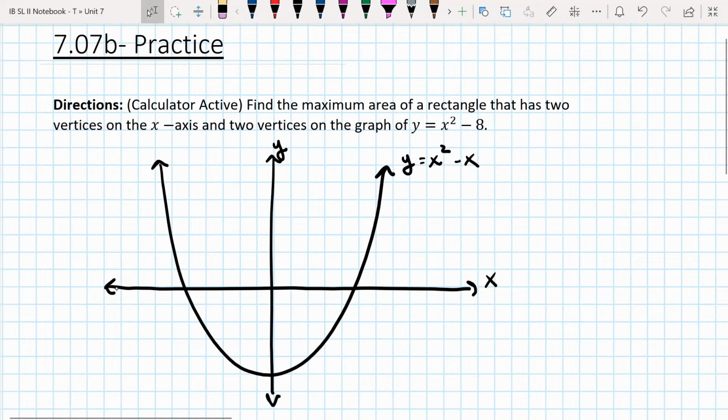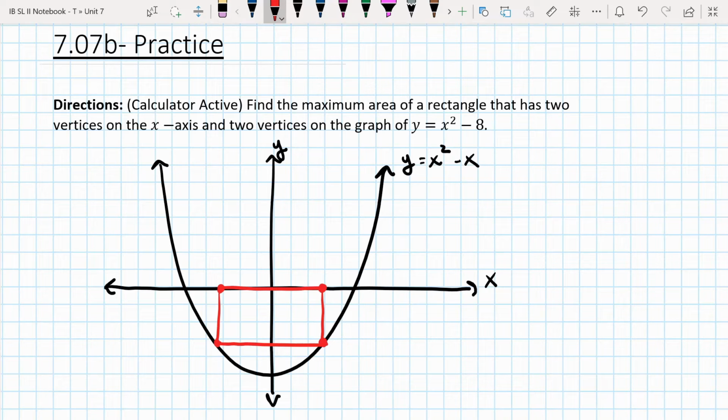Okay, and the way this will look is we have 2 vertices on the x-axis, and then the other 2 vertices are here, somewhere on the function. Okay, and our goal is to figure out the maximum possible area we can have within this region.